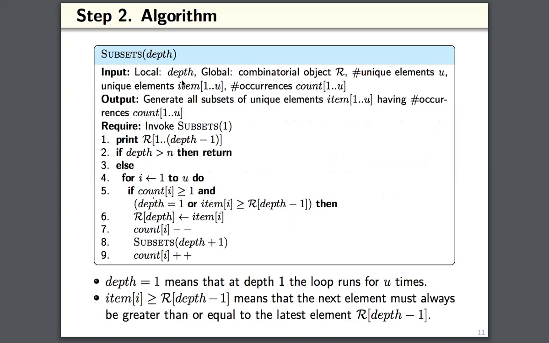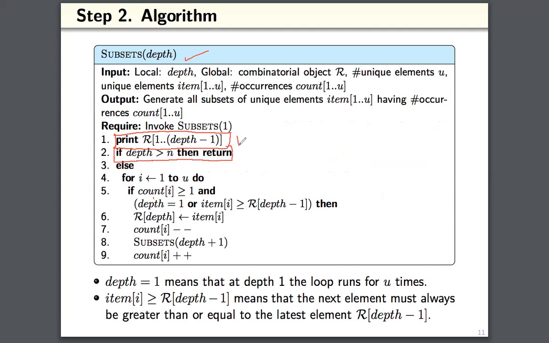So here is your pseudocode. Remember the framework. You have the backtrack function, and here you print, and here you reject.